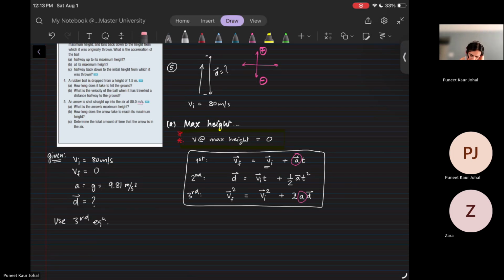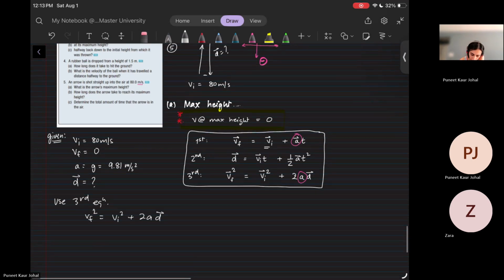Okay, so the third equation is V final squared equals V initial squared plus 2AD. What's V final? It was 0. Good. But then V initial? 80 meters per second. Okay, good. And positive because it's up, right?